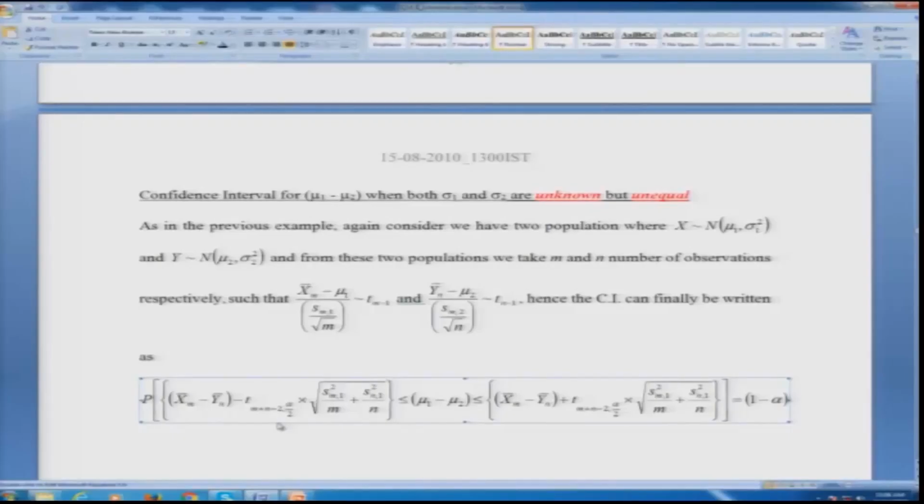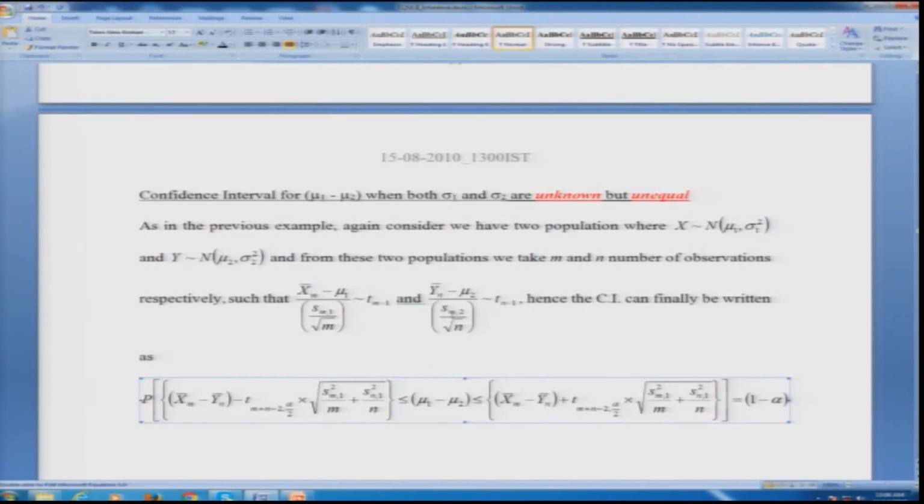Where the similarities are, again on the left hand side, the lower limit is the difference of the sample means. The T distribution has a minus because it is on the left hand side. You see the suffixes are exactly the same, m plus n minus 2 comma alpha by 2, and in this case rather than S p, the sample pooled with the corresponding factor being multiplied, it would be the square root of S square m comma 1 divided by m plus S square n comma 1 divided by n.